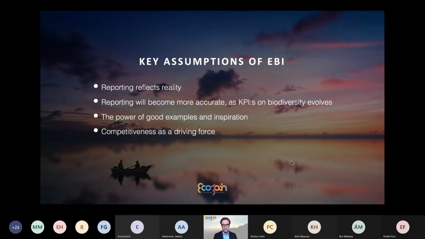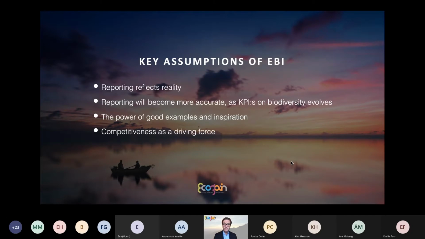Certainly, we have a certain risk for greenwashing here, but what we do, as you saw in the other slide, is we also look into what kind of action they report, and over time we will also have measurability and KPIs, which will enhance the EBI even further.